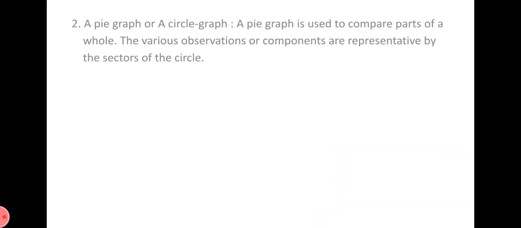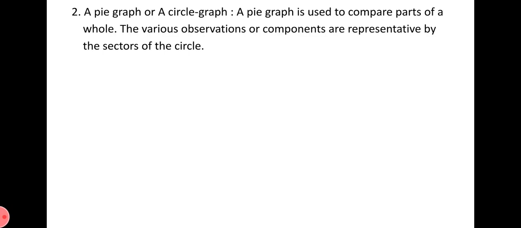Another type of graph is a pie graph, or a circle graph. If you remember, we learned this in chapter number 5, data handling. A pie graph is used to compare parts of a whole.